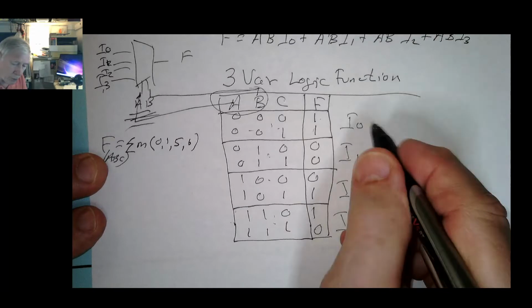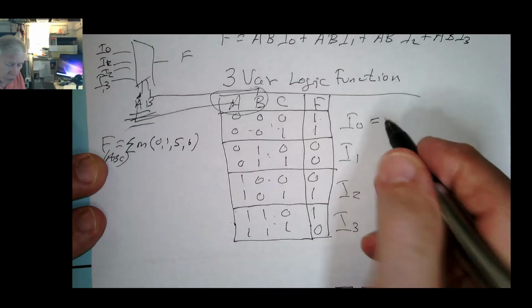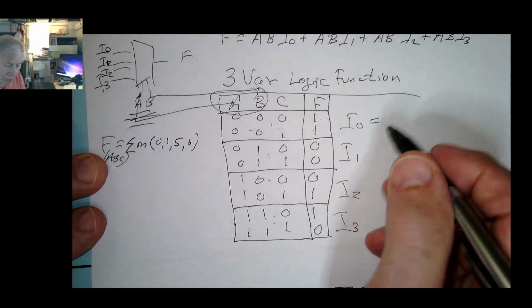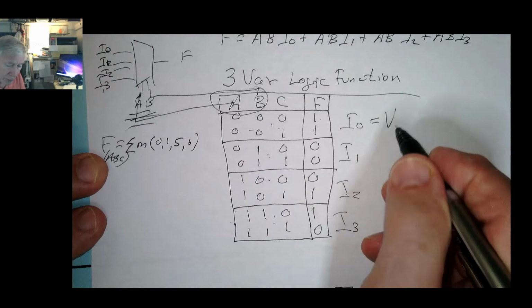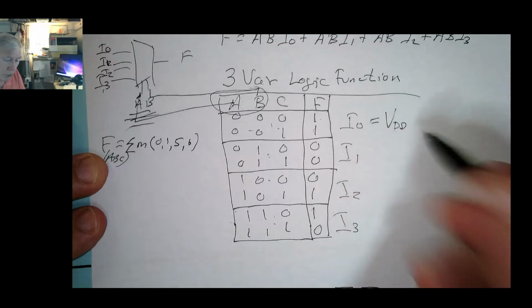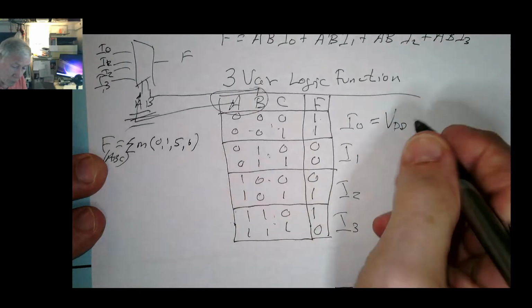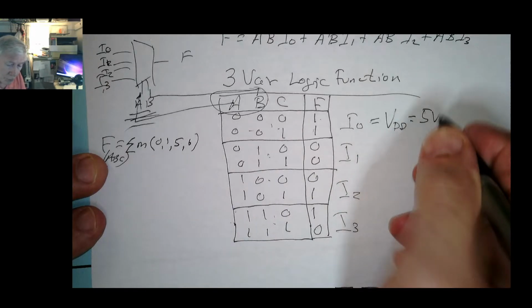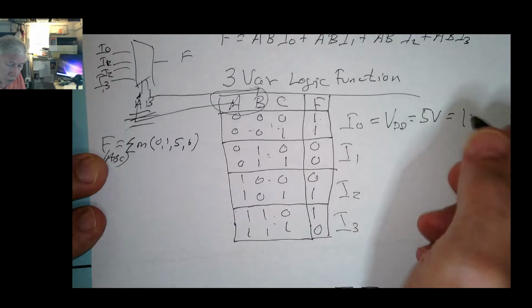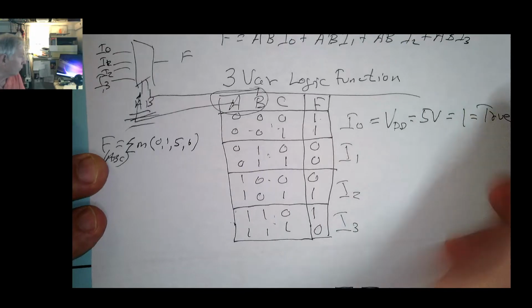So in this case, we can just set I0 equal to the voltage we're operating our device at, and we'll call this VDD, or you could call it 5 volts if we're using 5-volt logic, or you could just say it equals 1 or true, whatever.